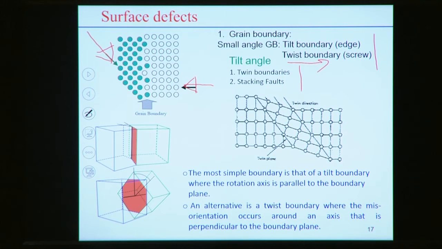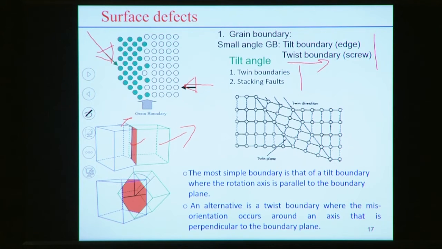The most simple boundary is the tilt boundary, where the rotation axis is parallel to the boundary plane. If you look at this figure, in the tilt boundary the rotation axis is parallel to the boundary plane. If we define this as the boundary plane, and there is a movement or a small angle, that angle represents the tilt angle.